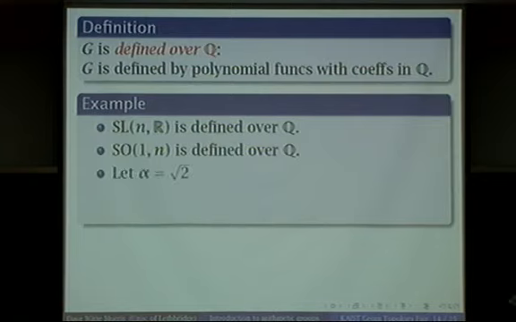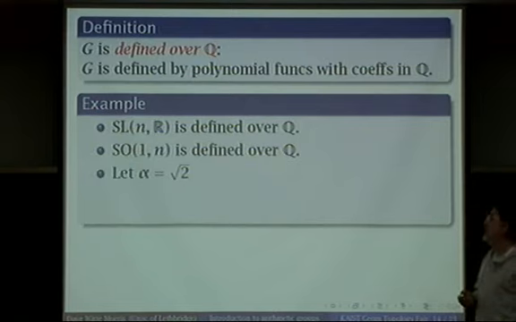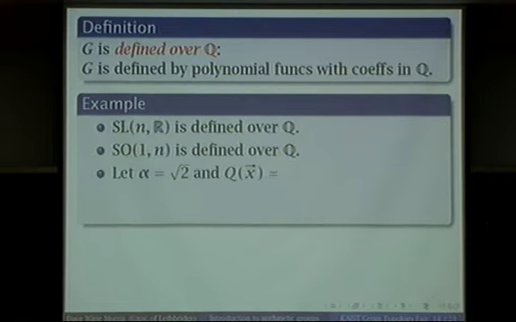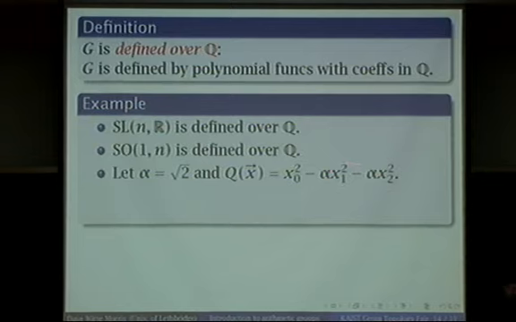On the other hand, if you do what I've been doing recently, put the square root of 2 into your definitions, let's take a quadratic form with some square root of 2's in it. I'm only using 3 variables because I didn't want to have to write so much. But just put some alphas in.